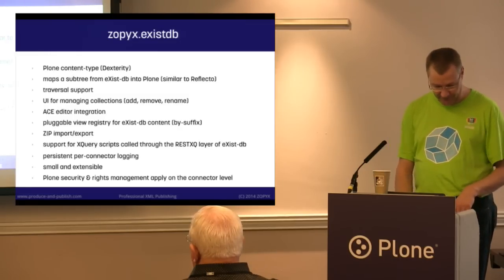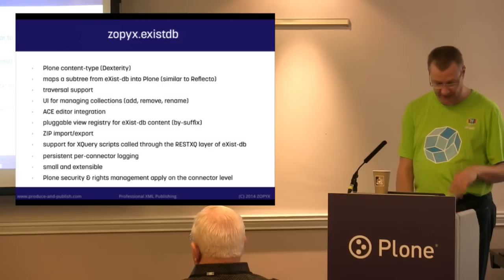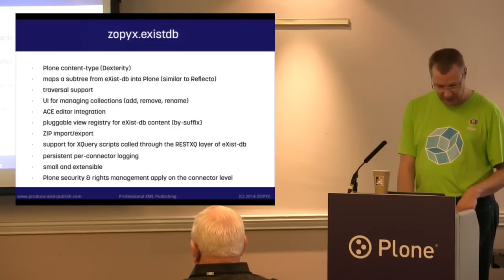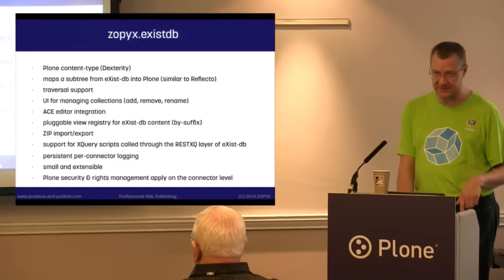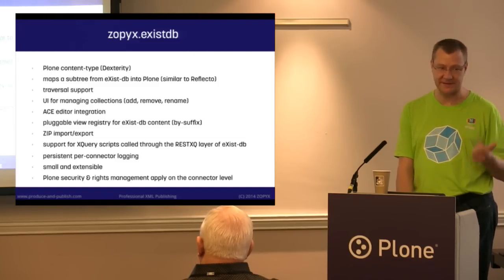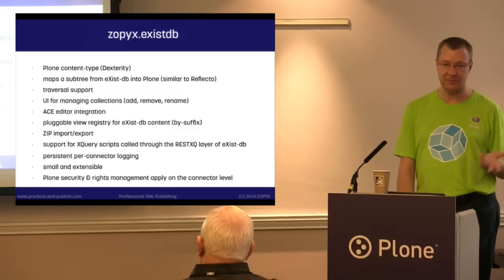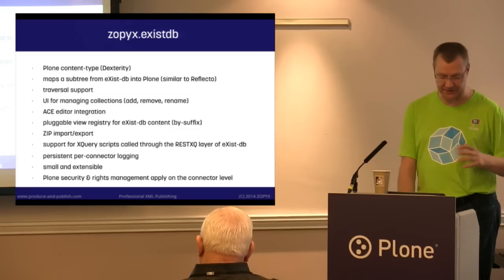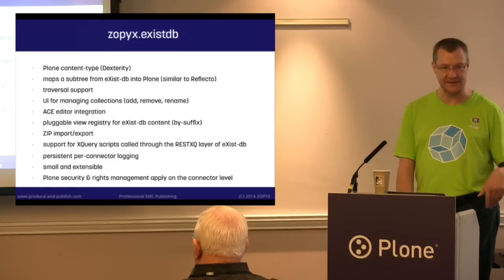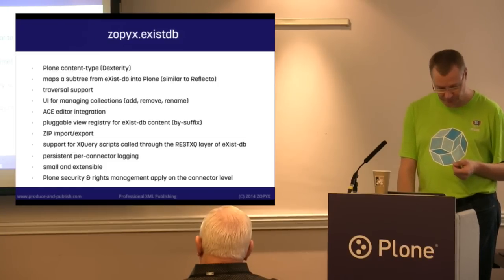I have a small UI for adding collections. I have integration of the ACE editor. It's pluggable with the registries. For example, in eXist-db you can have various data like XML, HTML, images, and you can register a particular view for performing either a standard operation for downloading the stuff, for binary data, or for viewing images and so on.